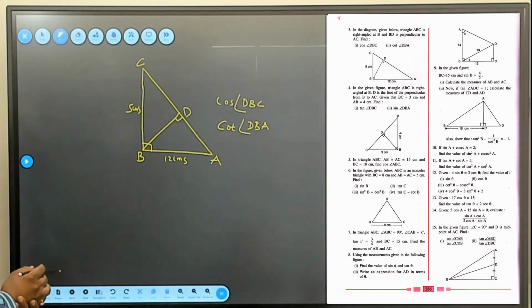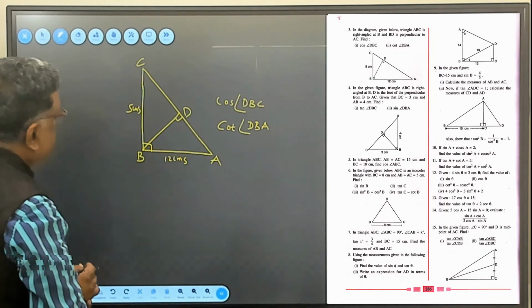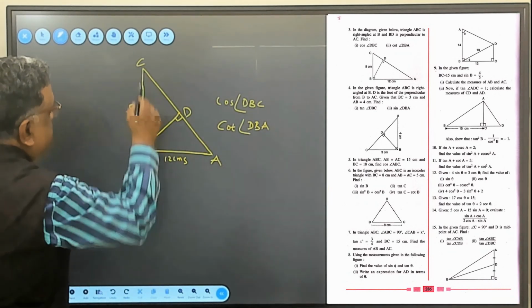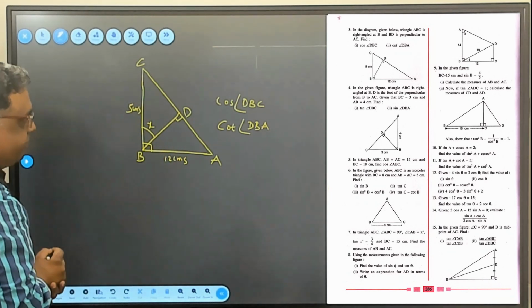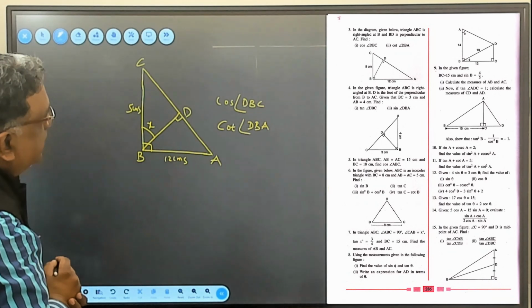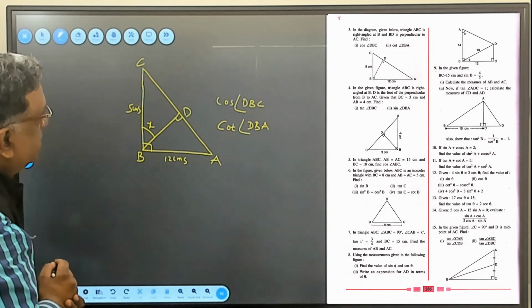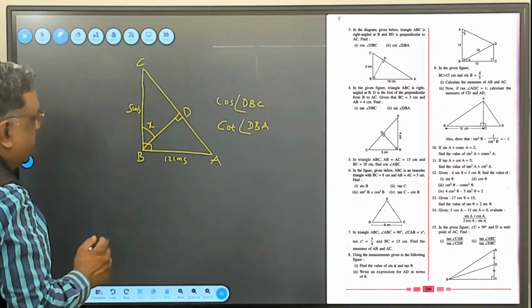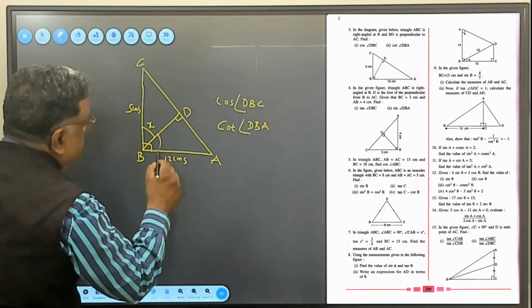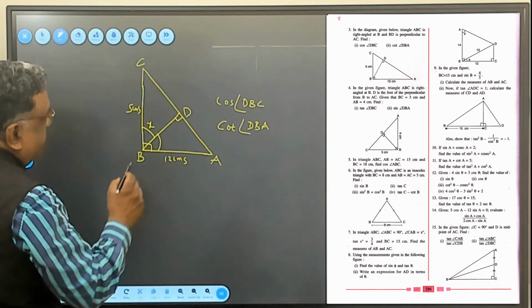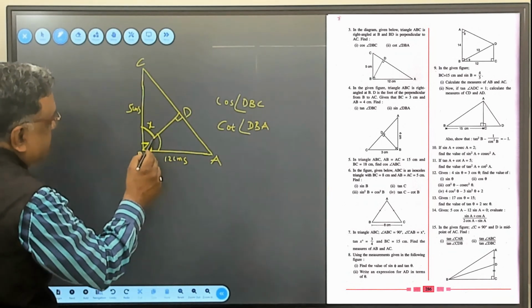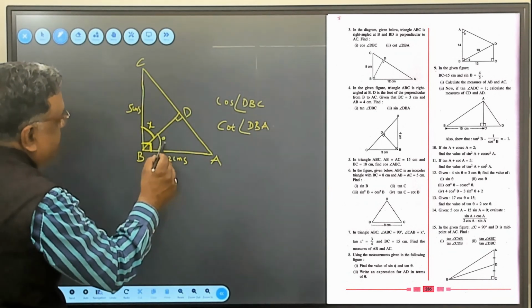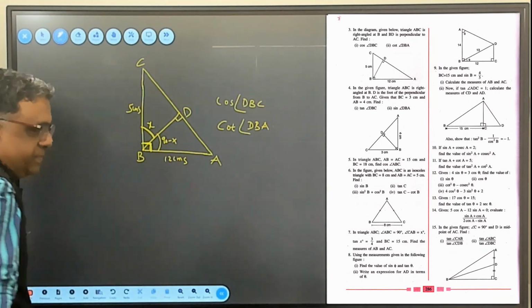So I have to find out cos of DBC, which means let me name this as X. And DBA. So if this entire angle is 90 and I've taken this as X, so the balance would be 90 minus X. Yes or no?